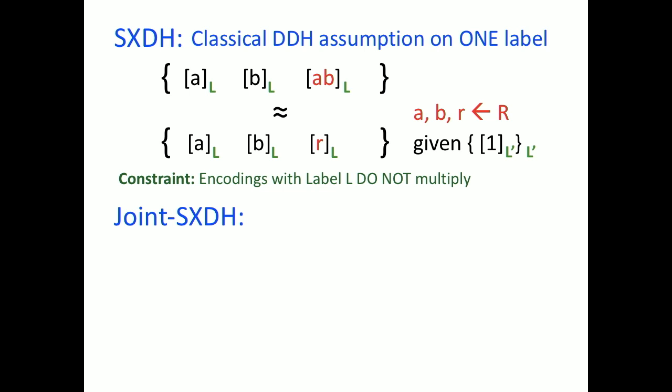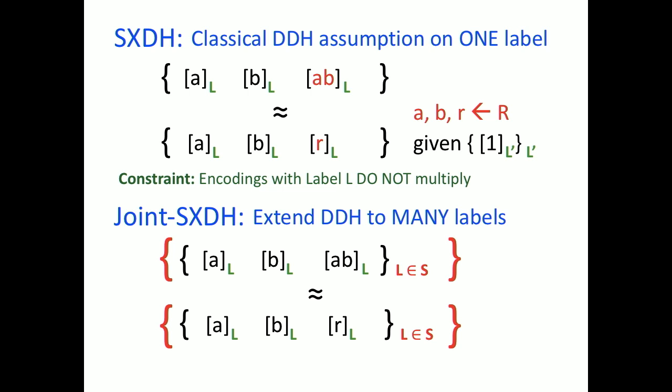All right. So now I am going to tell you what joint SXDH is. It's basically extending DDH to many labels. Instead of looking at just one label, we'll look at multiple labels. What we want is that if I give you the joint distribution of the same DDH tuple A, B, AB, encoded now under a set of different labels belonging to this set S, this joint distribution should be indistinguishable from encodings of A, B, and R, the same set of random elements, also encoded under the same labels.